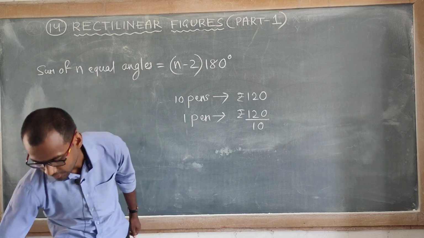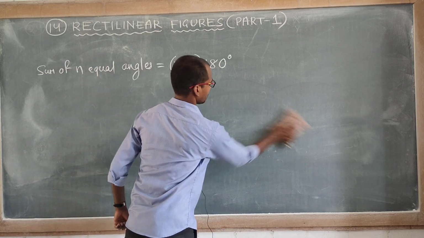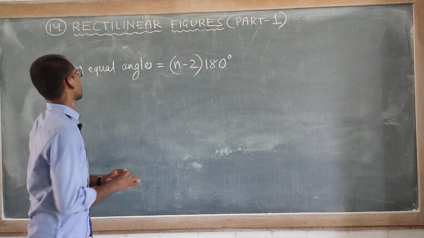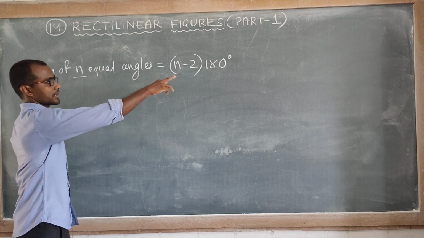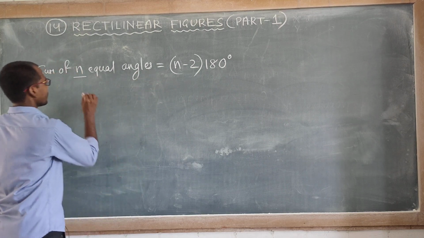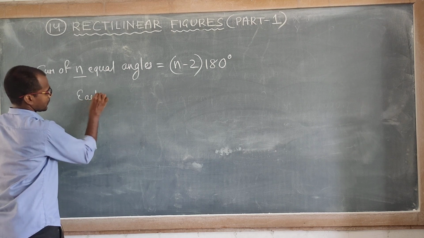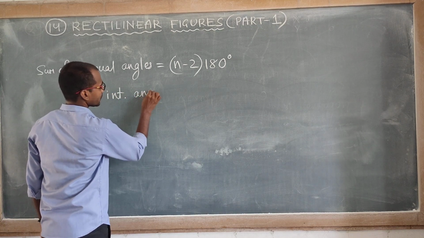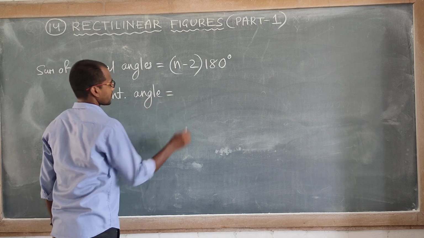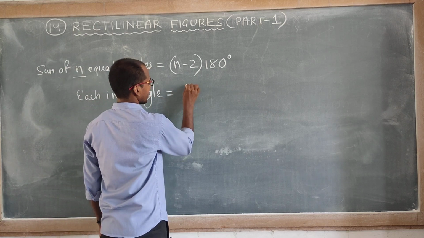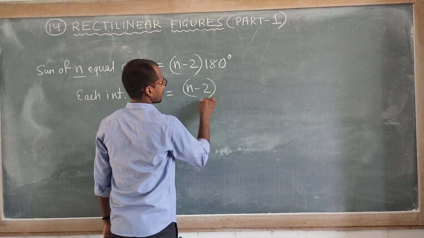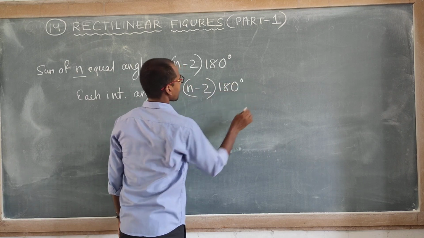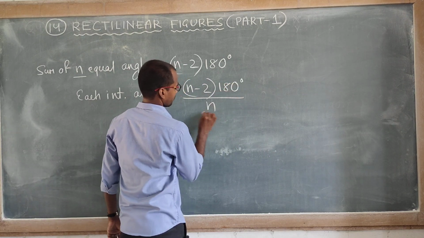Similarly here, sum of n equal angles is n minus 2 into 180 degree. So each interior angle is equal to, using unitary method, n minus 2 into 180 degree by n.